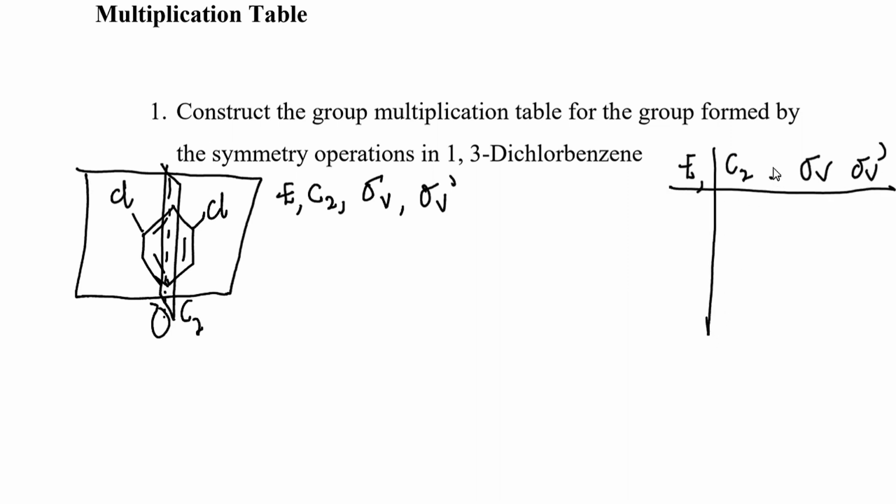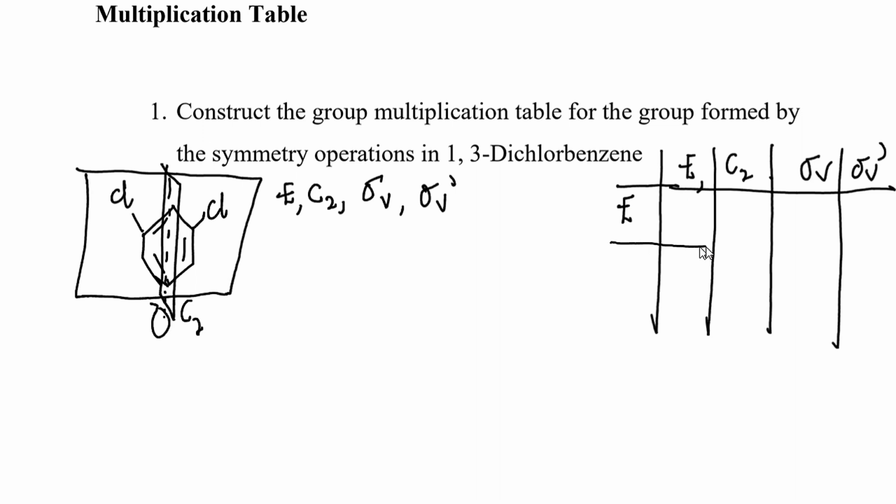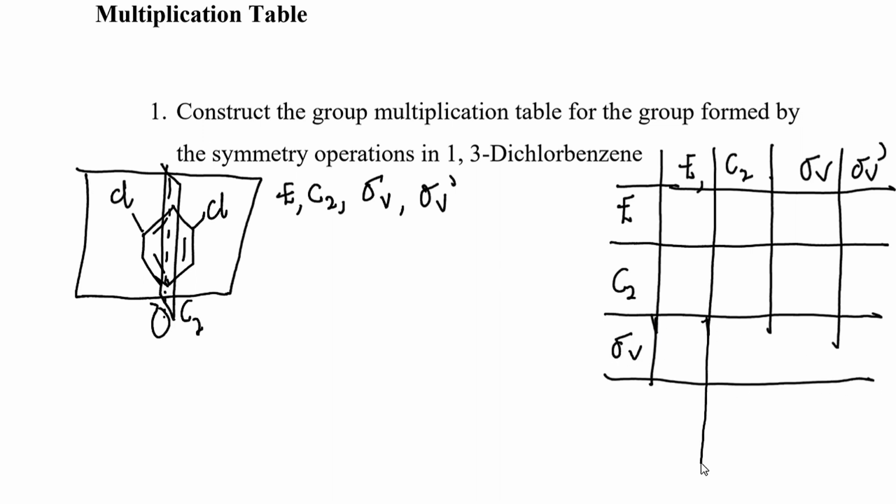We put identity there, C2 there, sigma V there, and then sigma V prime. Now let's look at the structure again.